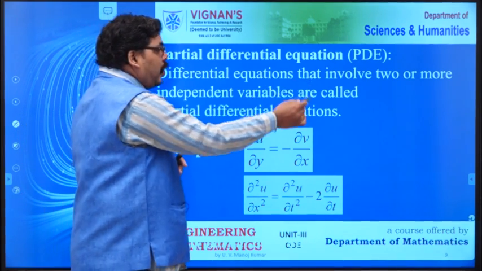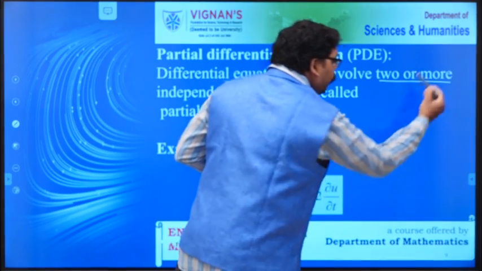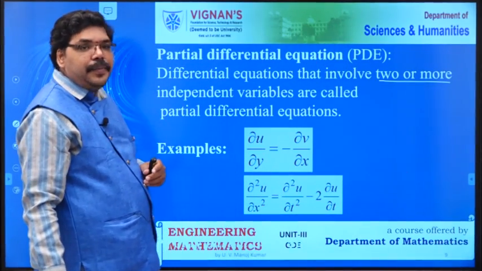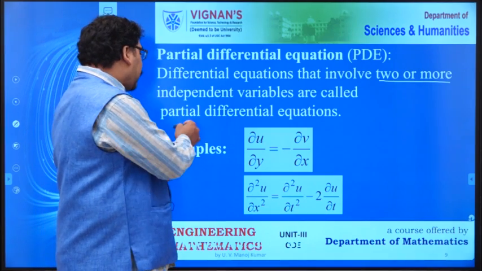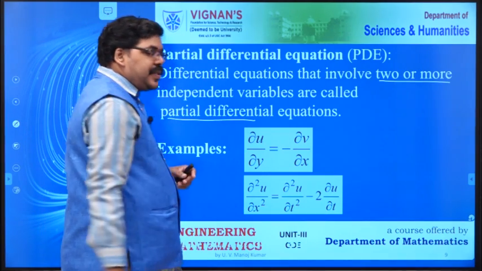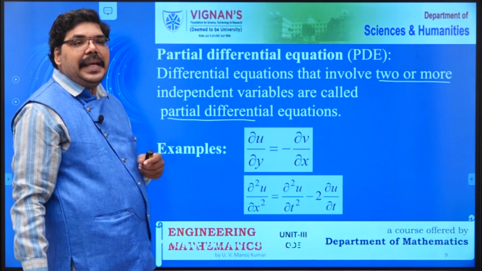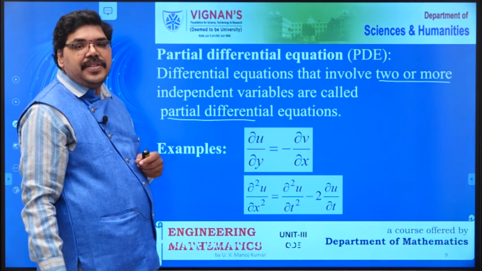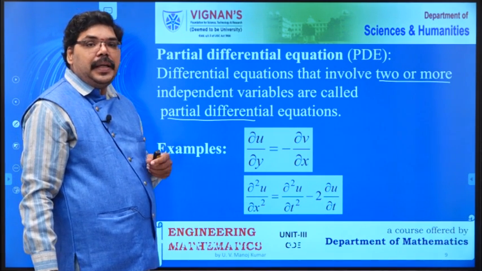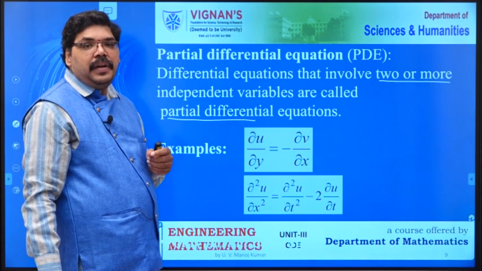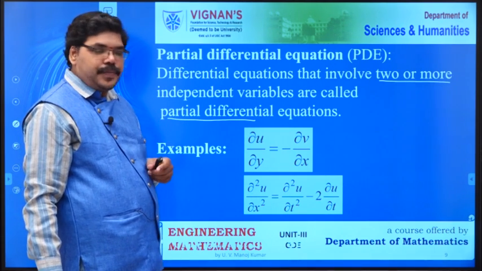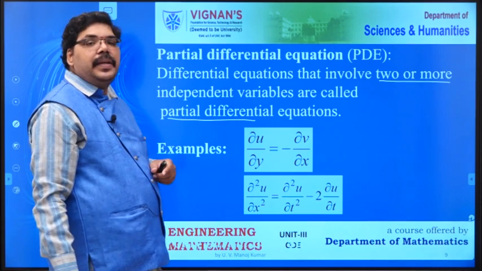A differential equation that involves two or more independent variables is called a partial differential equation. So when you are saying a differential equation is a partial differential equation, there should be a minimum of two independent variables or more also. See the examples given here.